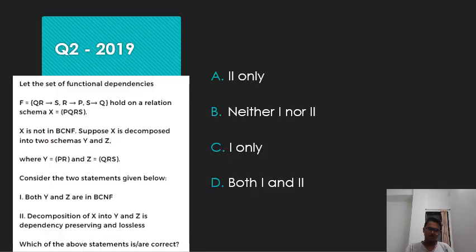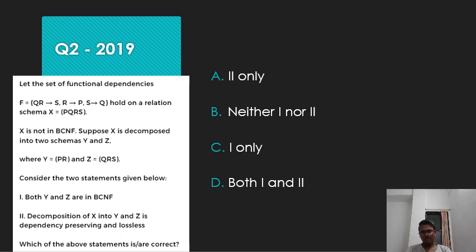Now let's see the next question. Here in the question, functional dependencies are given on the relation schema R, with B, C, and F, and this condition is also given. What are the possible outcomes? We can see that both Y and Z are in the relation. The decomposition of X into Y and Z is a dependency.